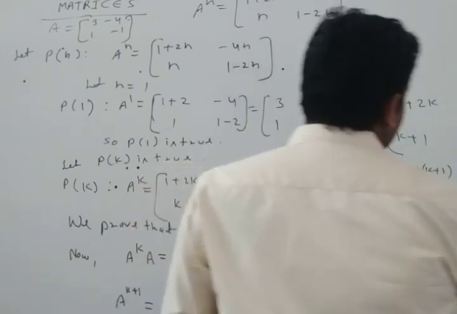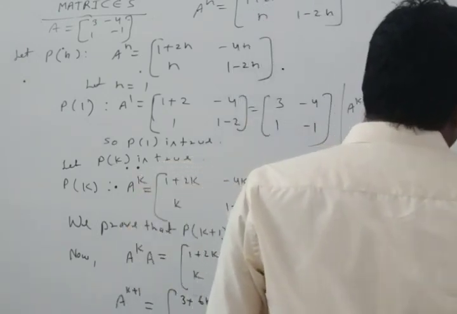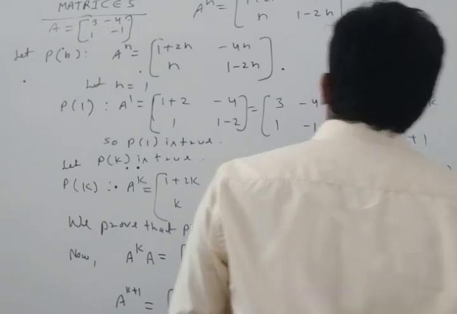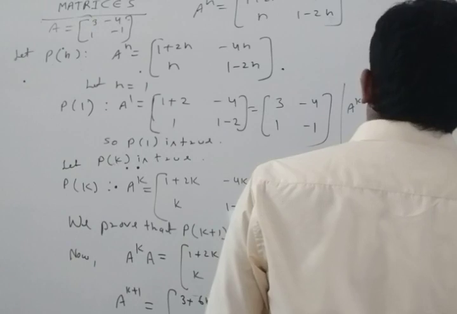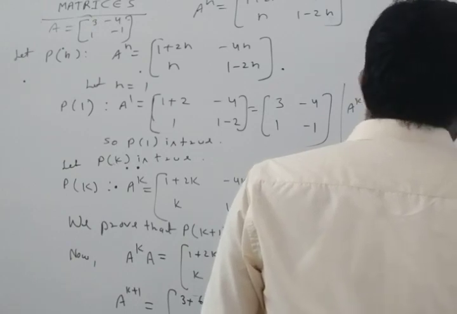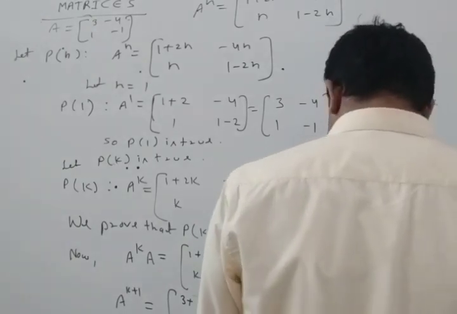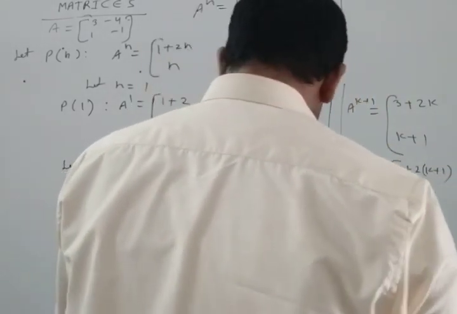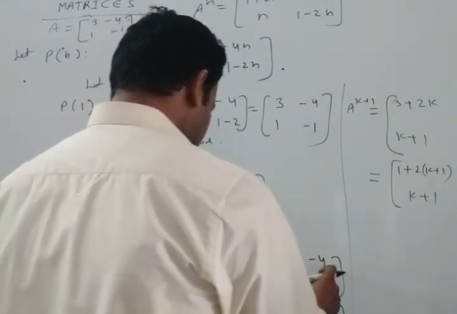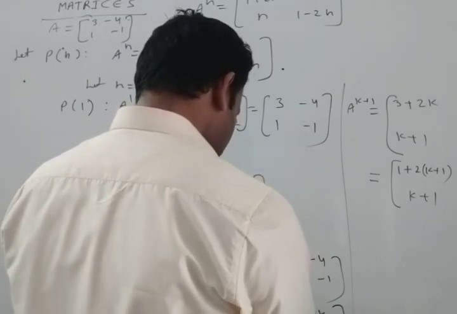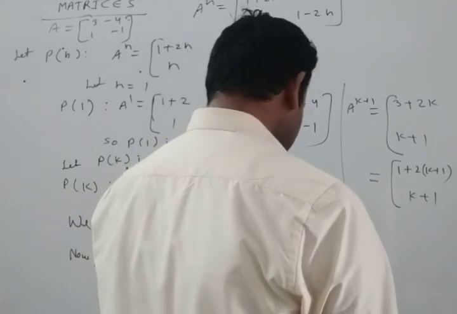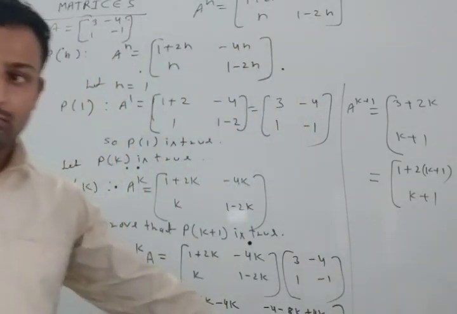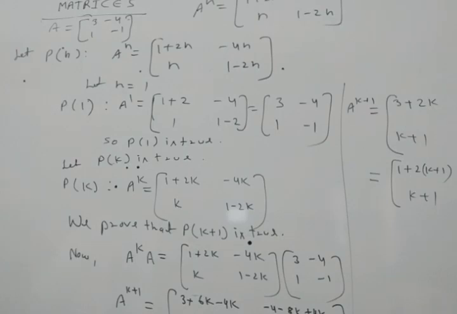Okay. Now minus 4 common, and this is k plus 1 and this is k plus 1, and this is minus 4k and plus 2k, minus 4k and minus 2k, it is minus 1 minus 2k, so 1 minus 2 times k plus 1.